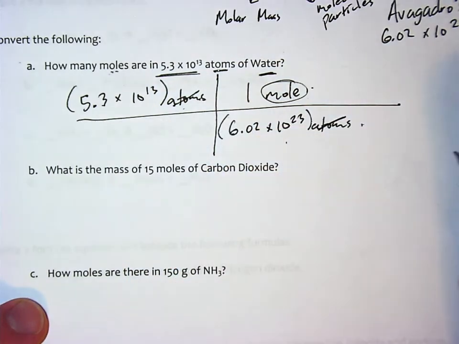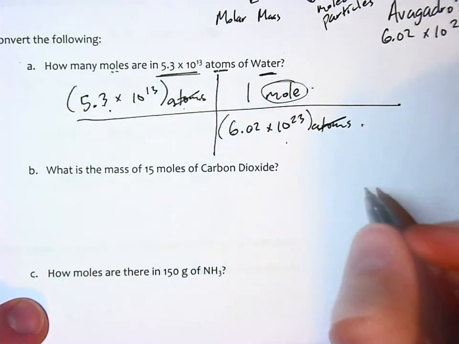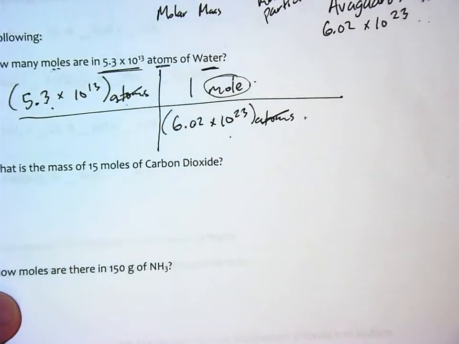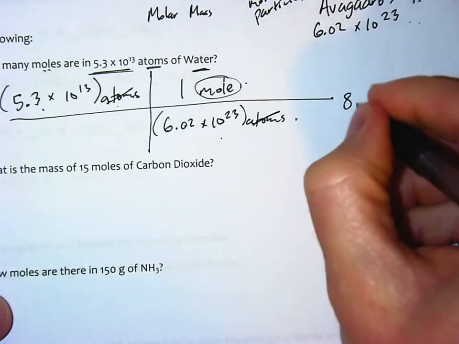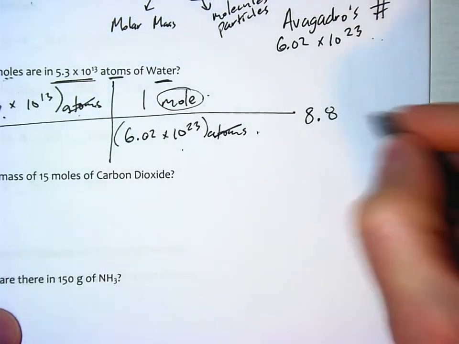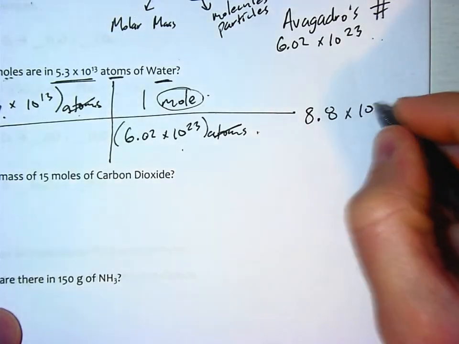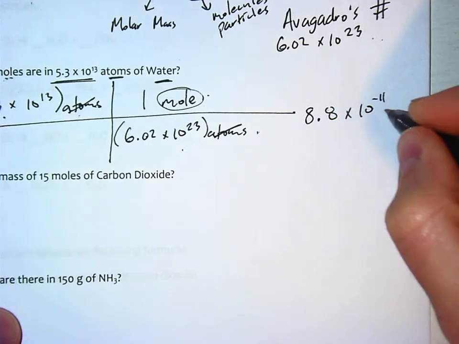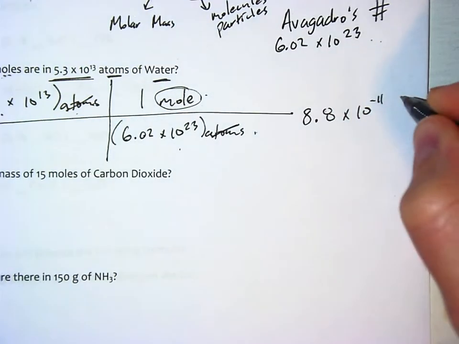This divided by this gives you your answer of how many moles you have, which is 8.8 times 10 to the negative 11th.